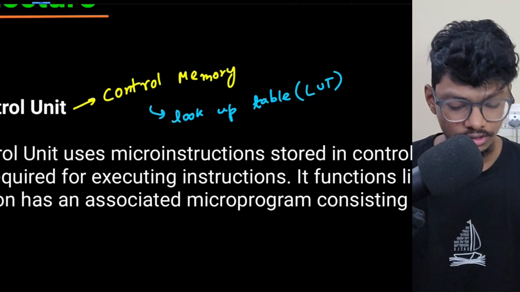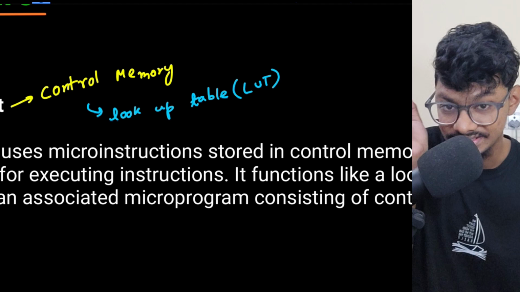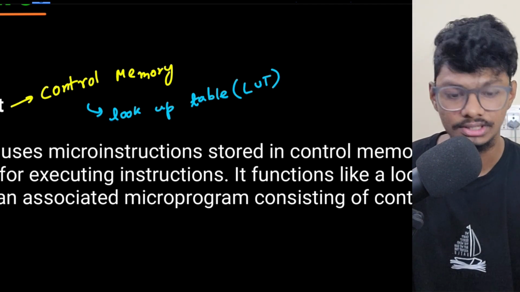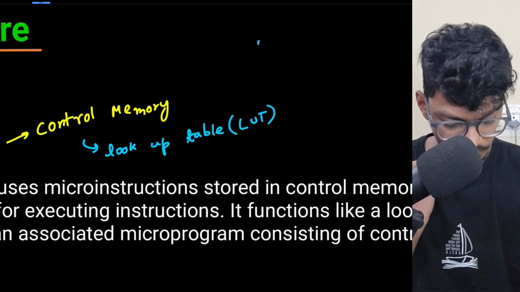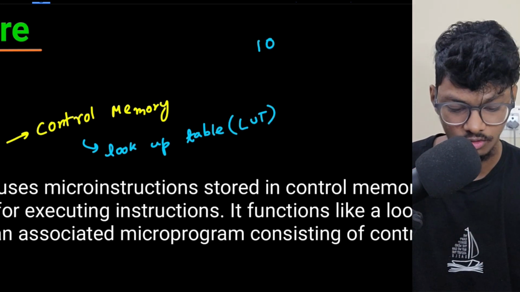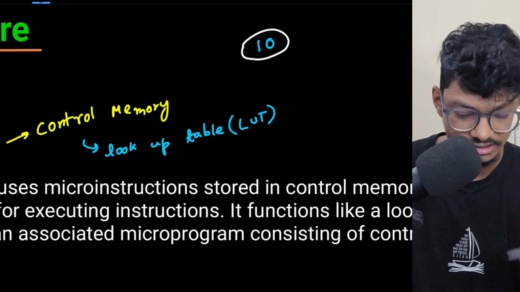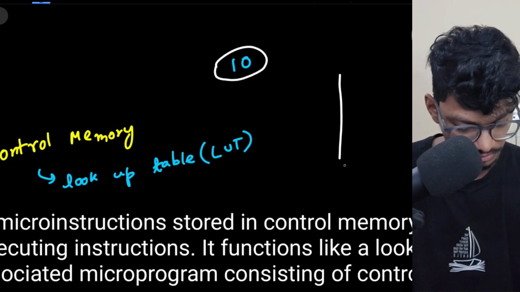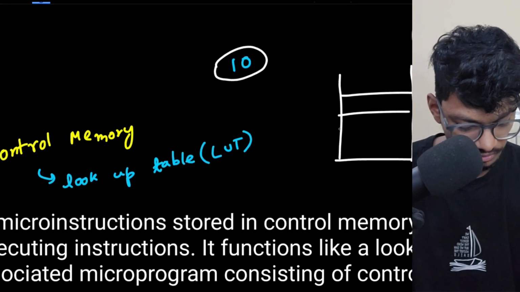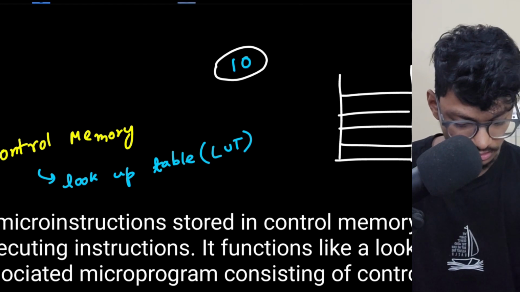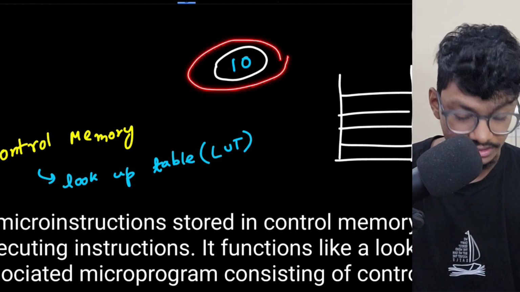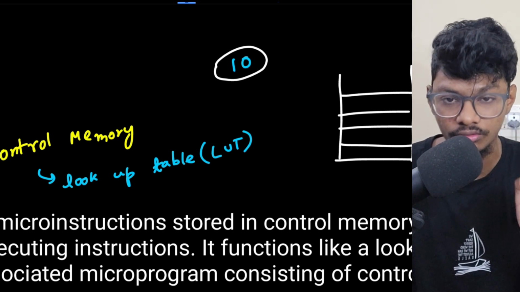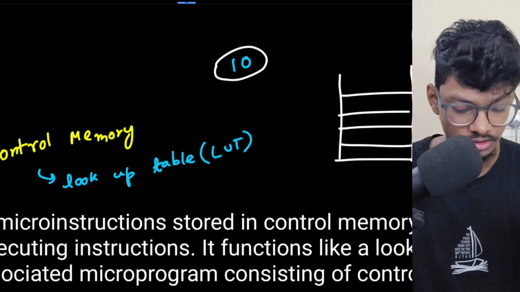What it means is that what the instruction means will be mapped to produce a control signal. Let's take an example. I have an instruction 10. This is the instruction opcode. Now if this is 10, there is a lookup table. I haven't drawn it, but there will be some lookup table in the control memory, and somewhere the decoding, like what signals the control unit needs to send to all the elements, will be present for this 10.